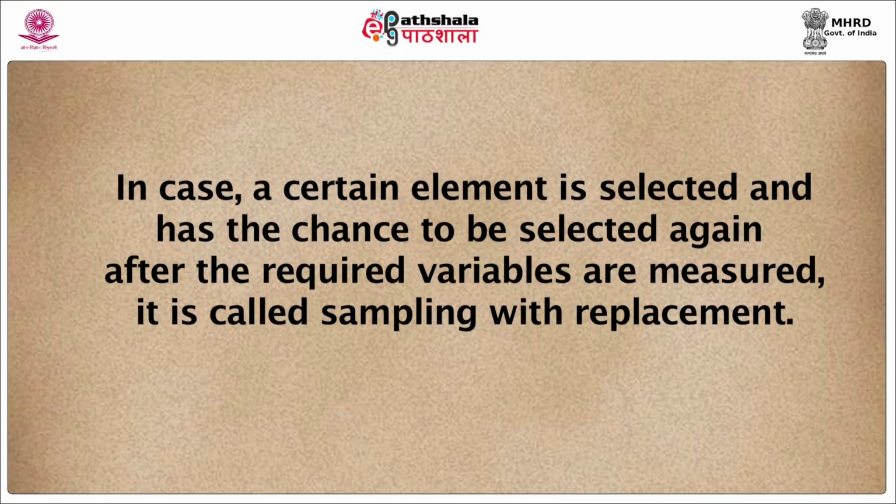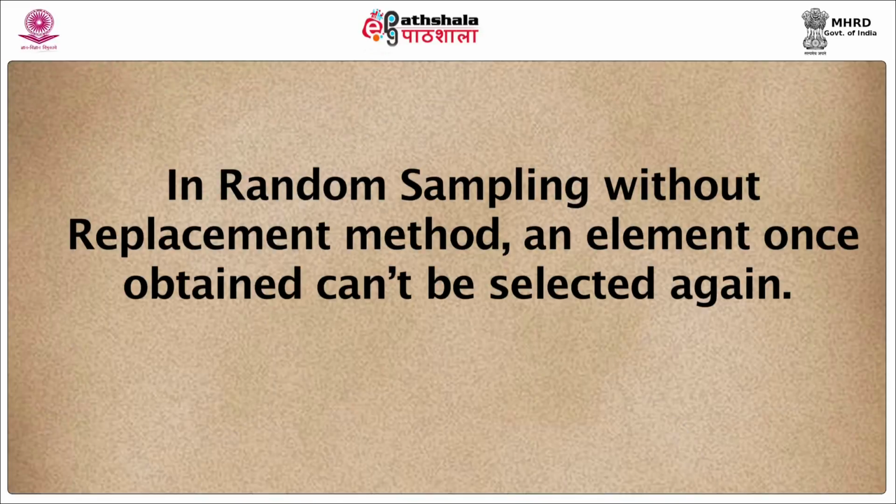In case a certain element is selected and has the chance to be selected again after the required variables are measured, it is called sampling with replacement. Whereas in random sampling without replacement, an element once obtained can't be selected again.